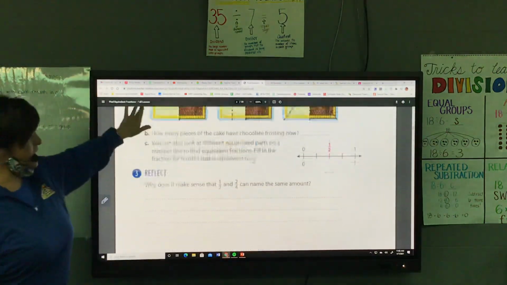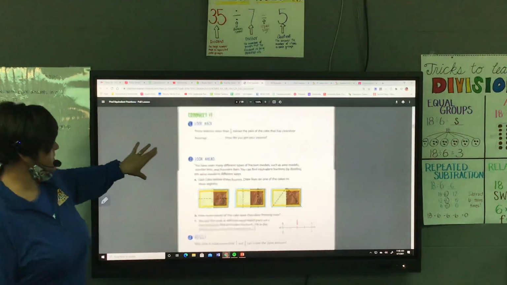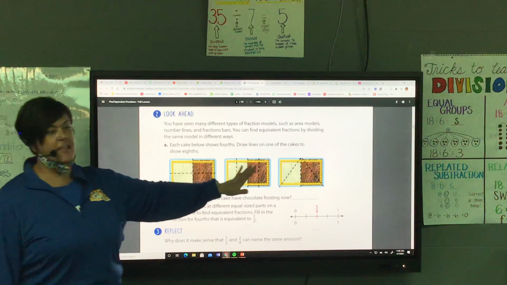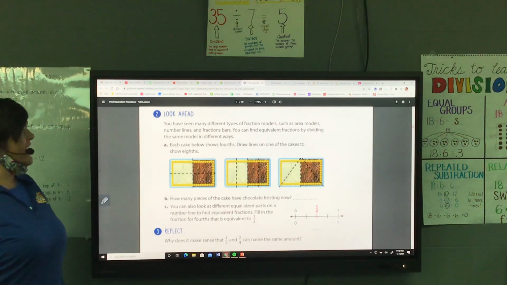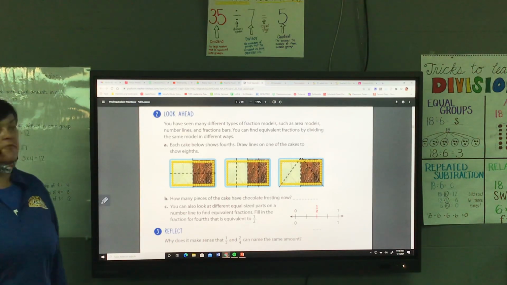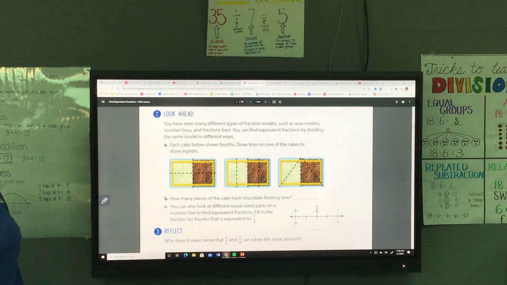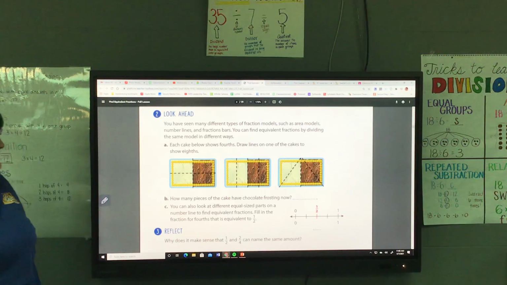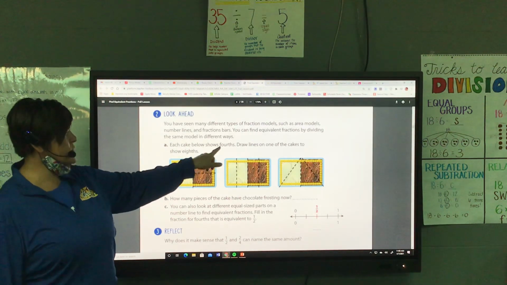Okay, so we're on page 496. Whoops. So this is her cake that she baked, all right? You have seen many different types of fraction models, such as area models, number lines, and fraction bars. You can find equivalent fractions by dividing the same model in different ways.